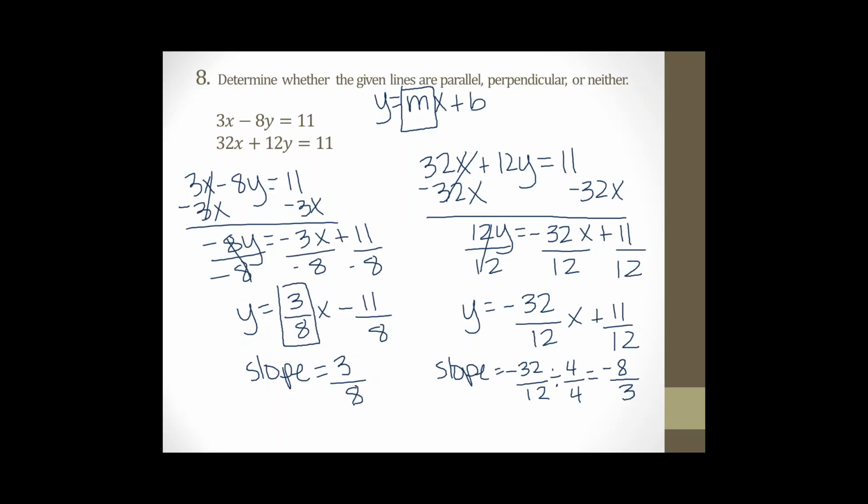If we compare the first and second slopes, they definitely are not equal, so that rules out parallel. Perpendicular lines have negative reciprocal slopes. You flip and change the sign. So 3 over 8 and negative 8 over 3 are negative reciprocals. So our two equations are perpendicular. And of course it's not neither, because it's perpendicular. Any questions about number 8?